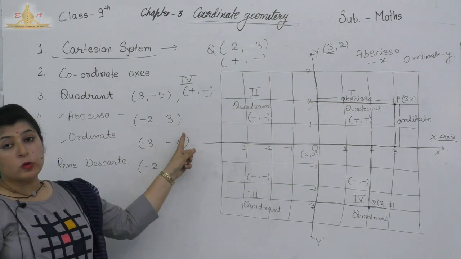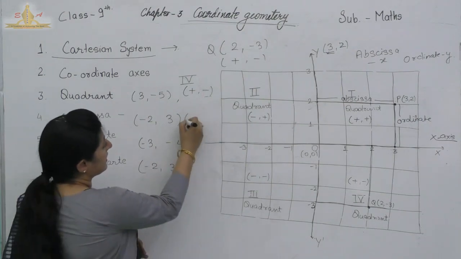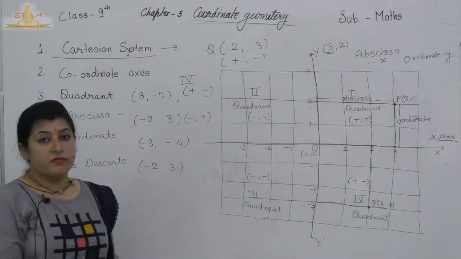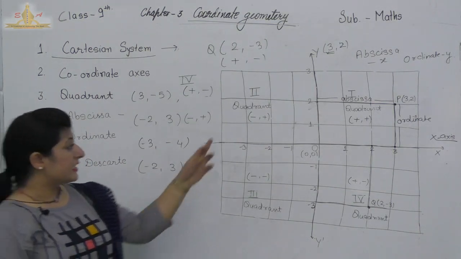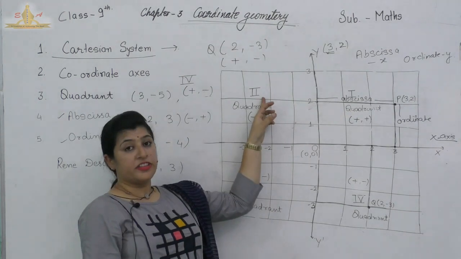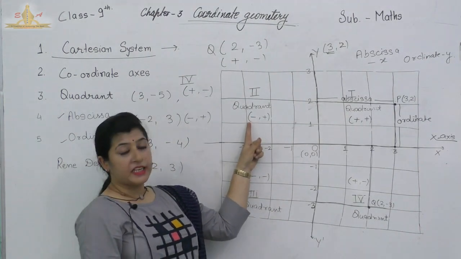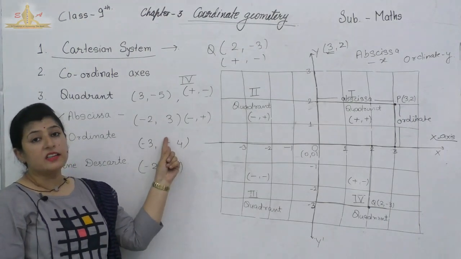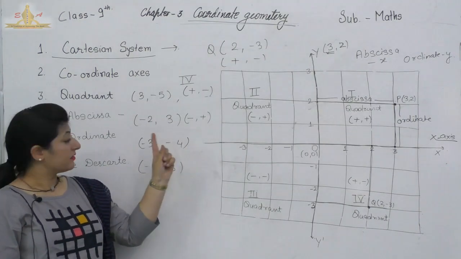Now (minus 2, 3) is minus comma plus. Which quadrant sign is it? Second quadrant. It means this point lies in the second quadrant.